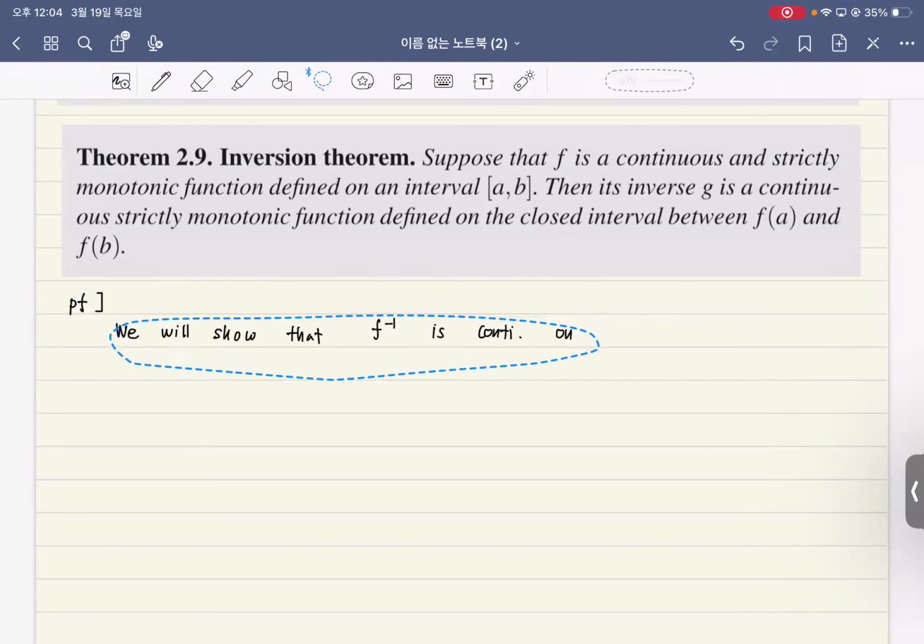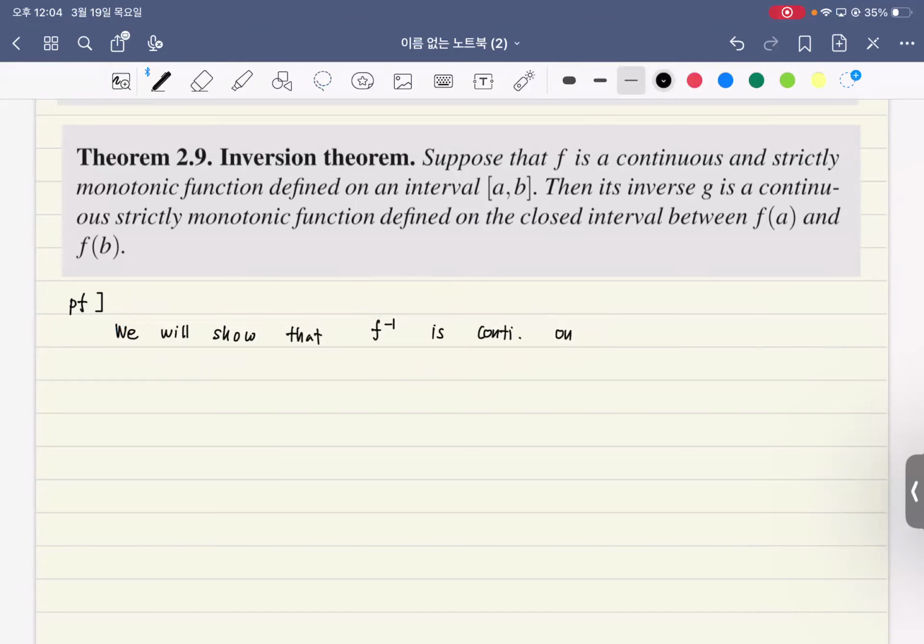There are two kinds of invertible functions. f must be either strictly increasing or strictly decreasing, but without losing too much generality, we are going to assume that f is a strictly increasing function. WLOG, assume that f is increasing.